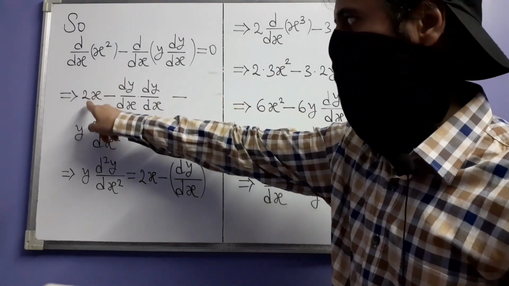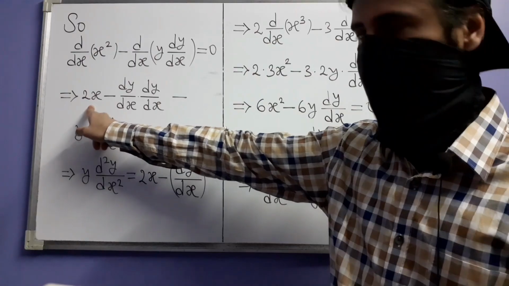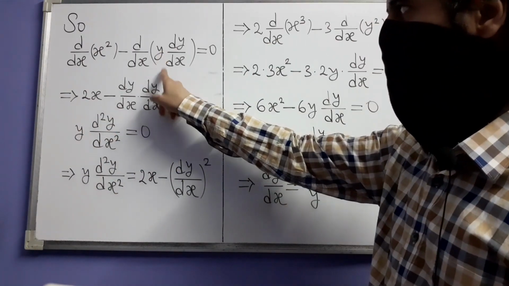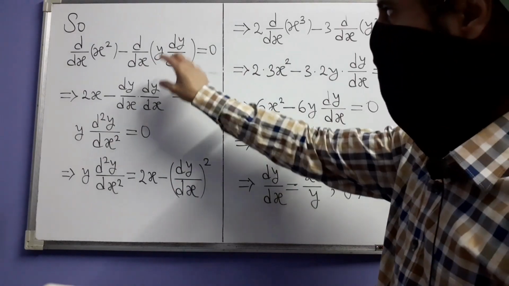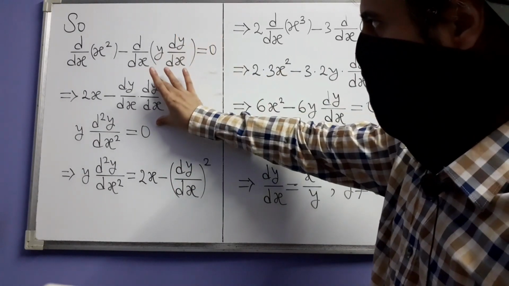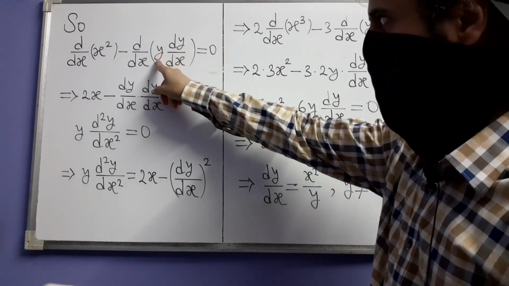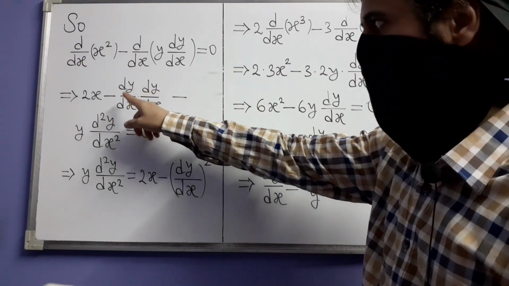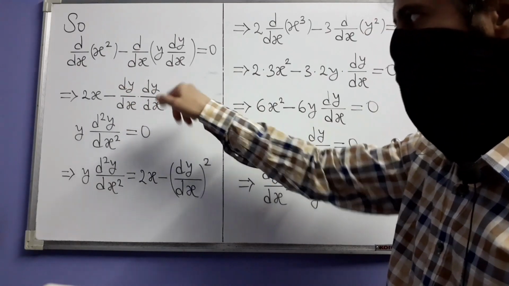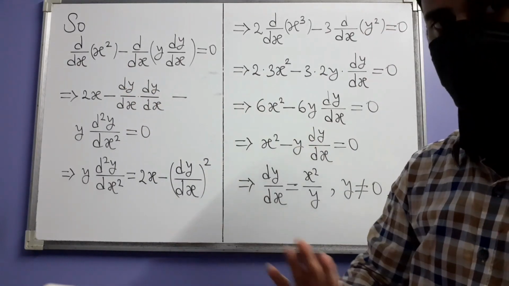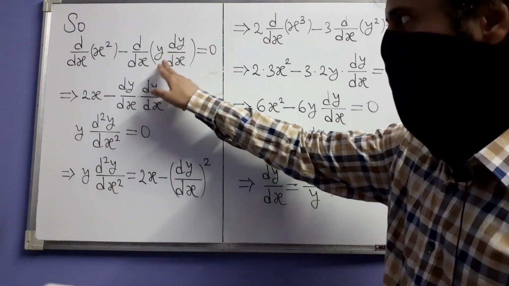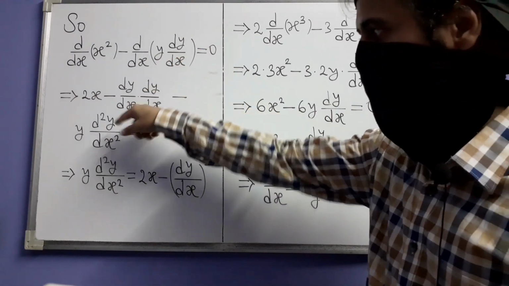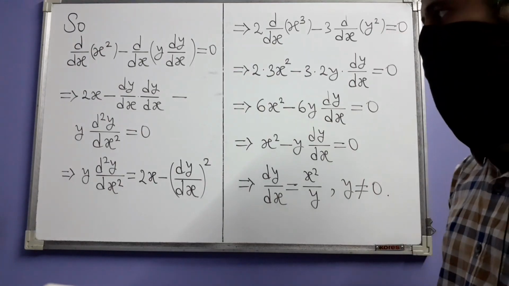This one is coming from the ordinary power rule, 2x. And to calculate this one, you have to use your product rule for derivatives. You keep this one as it is, say, and you differentiate y with respect to x. So that way you get minus dy dx times dy dx minus. And then you keep y as it is and differentiate this, and that's where you get your second derivative.